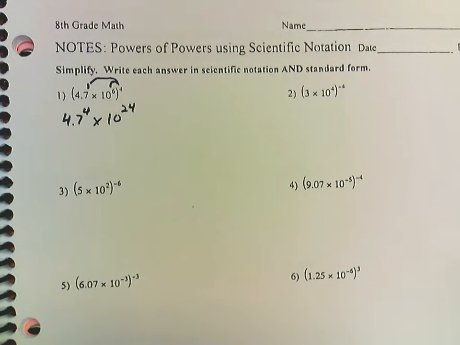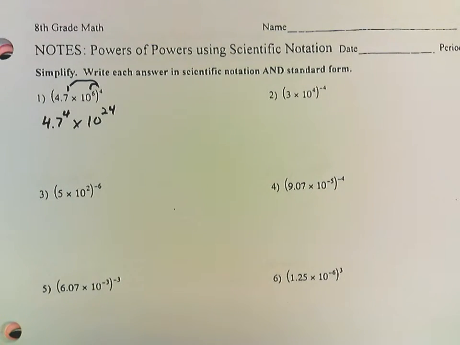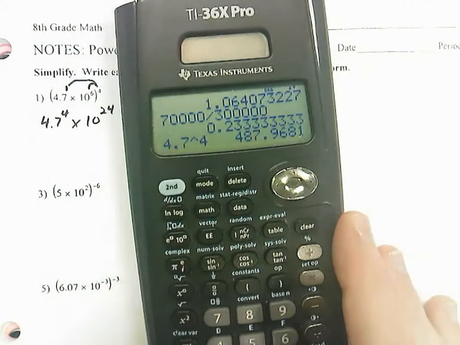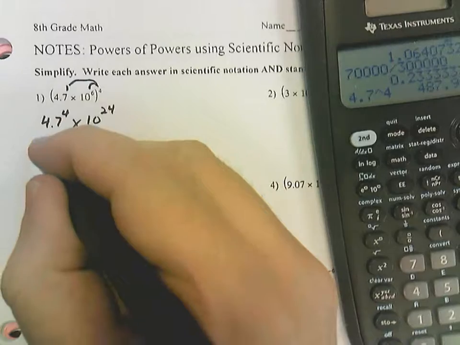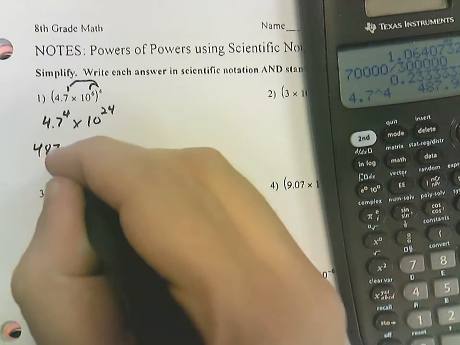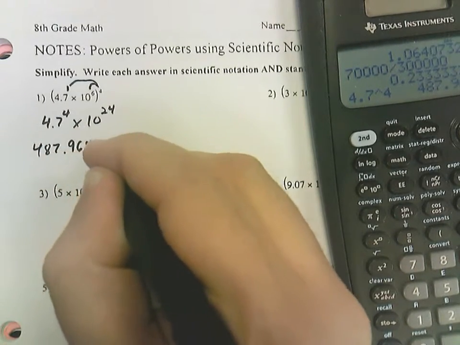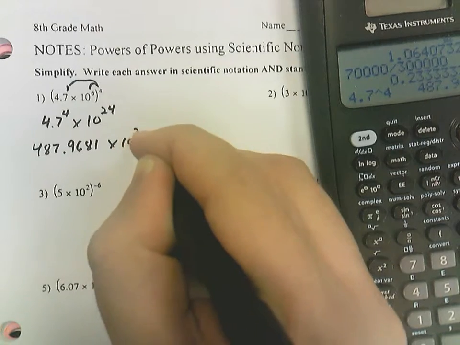So, for example, it would be 4.7 to the 4th power, which is 487.9681. So 487.9681 times 10 to the 24.